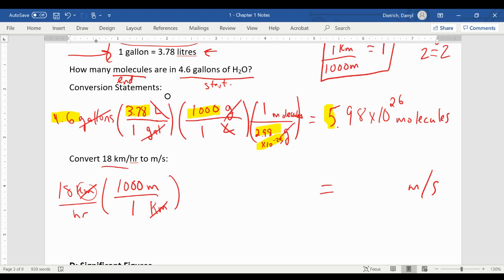Then the next thing we'll have to convert is hours into minutes. And if I asked you how many minutes are in an hour, I think you'll be able to tell me that the answer is 60. And my hours are going to cancel out. The next conversion factor is minutes into seconds. How many seconds are there in a minute? There are 60.